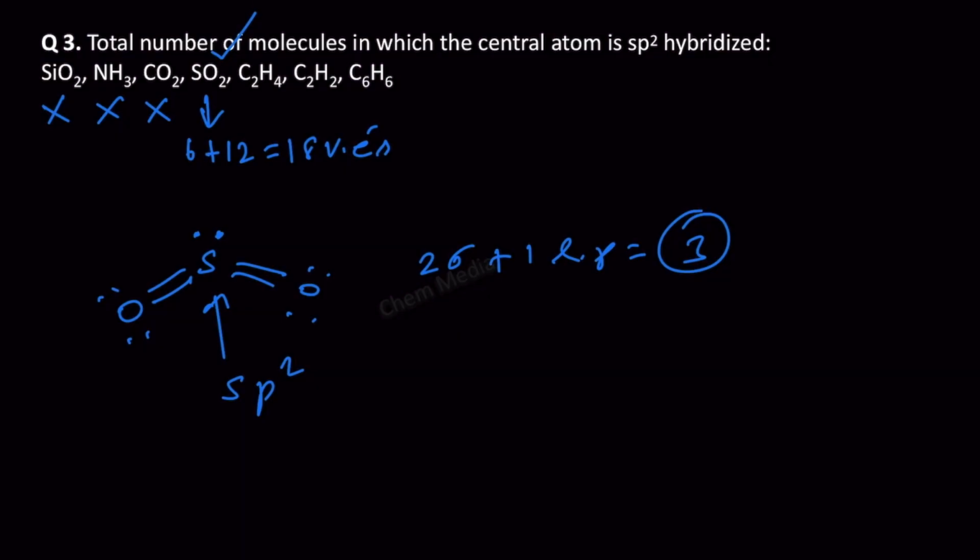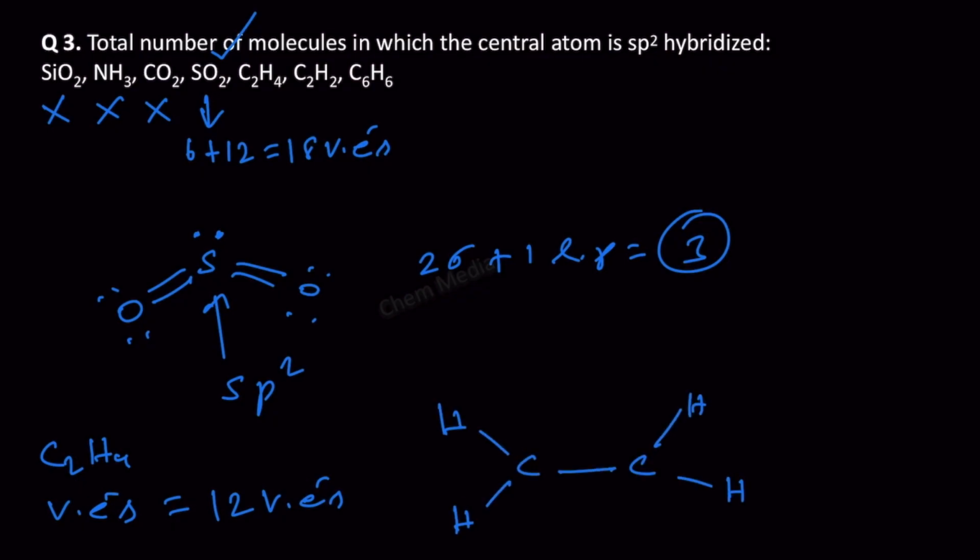And then C2H4, that is ethylene. So for C2H4, what would be the total number of valence electrons? 2 times 4 for carbon, that is 8, plus 4 for 4 hydrogens. So 8 plus 4, we have 12 valence electrons. So with 12 valence electrons, we can write a structure like this. We definitely do have a pi bond in ethylene because both the carbon atoms are sp2 hybridized.